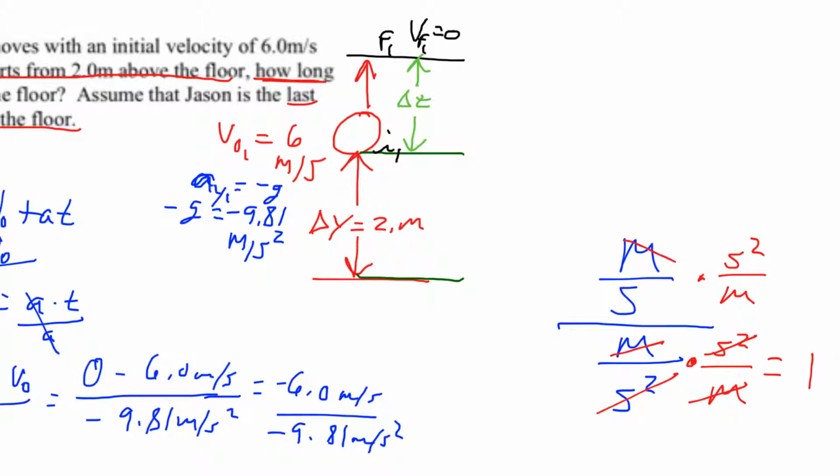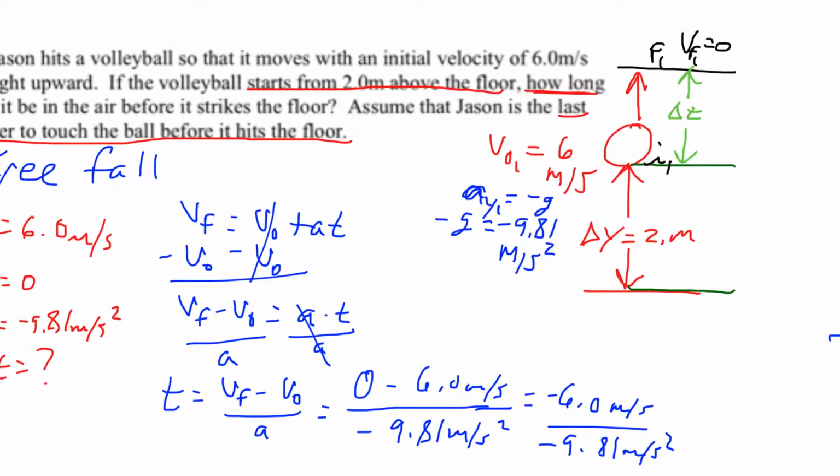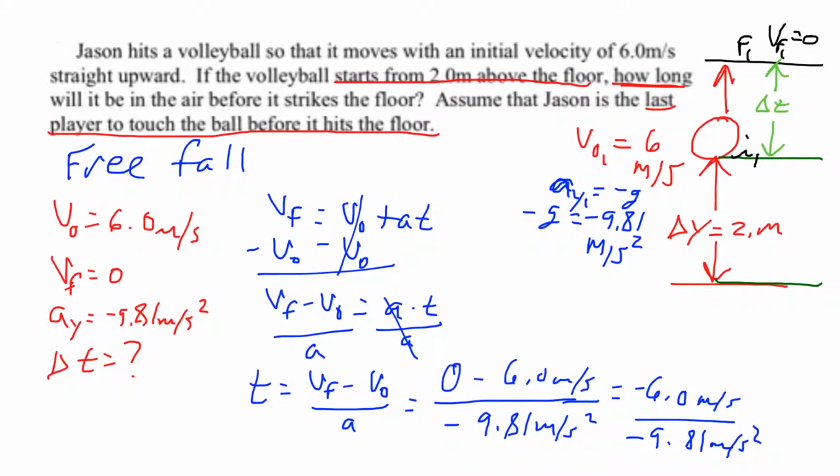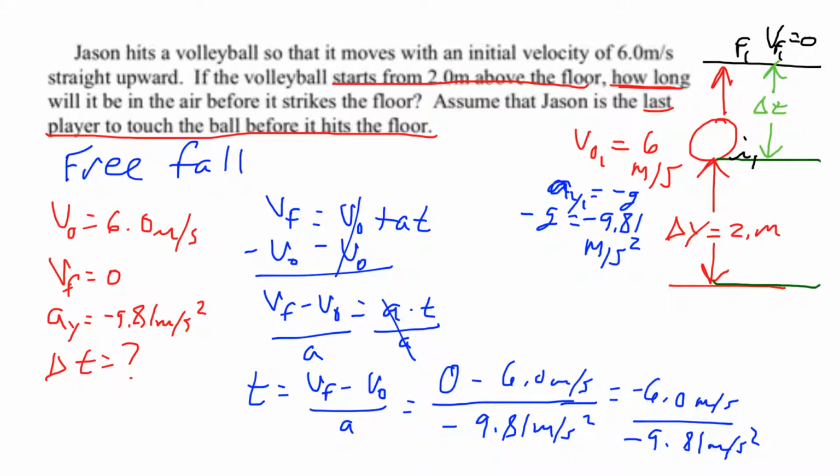Then here, that cancels, and one of these cancels with one of those, so you end up with seconds over 1, which is the same thing as seconds. That's really good because we're trying to find time, and the unit for time is seconds. That kind of proves to us that we did our algebra correctly. Alright, so the negative signs go away, and now we simply solve.